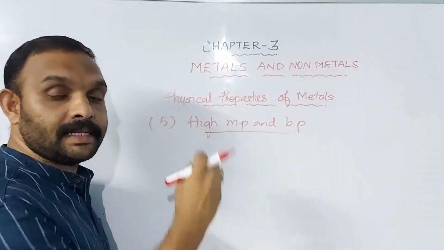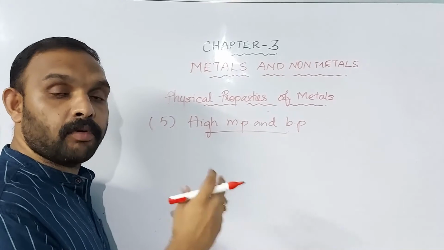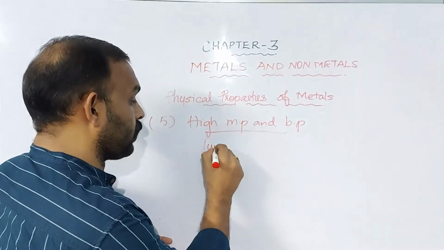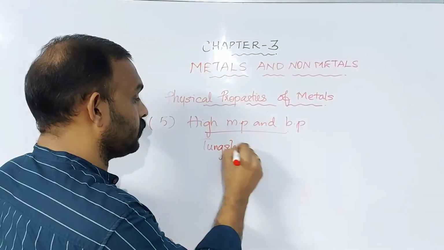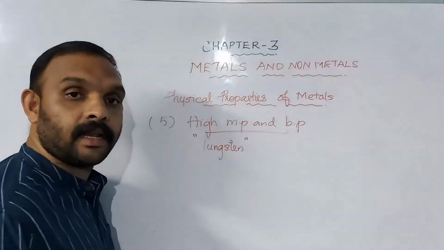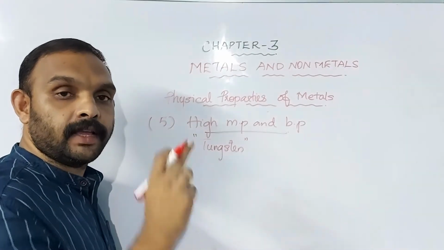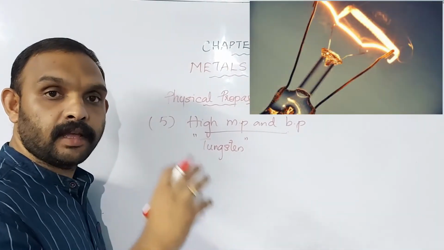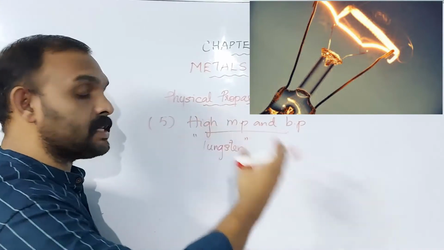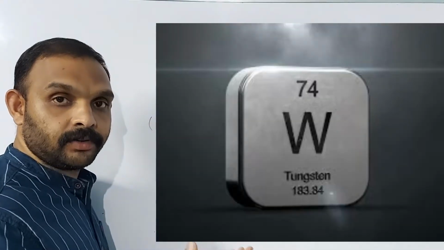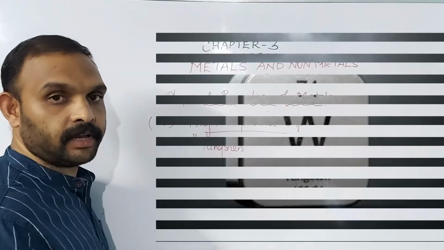A very good example is tungsten. Have you heard about this metal? Tungsten is the metal which is used in an electric bulb. Because of its high melting point, we are getting light, heat and light, we can say.